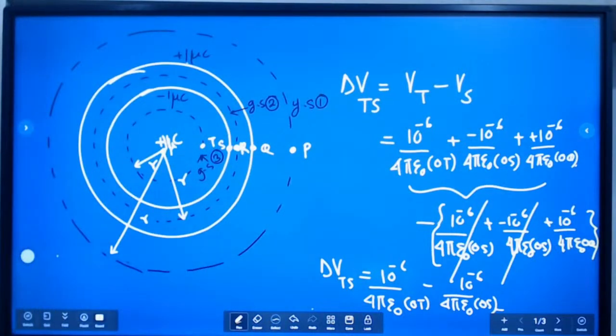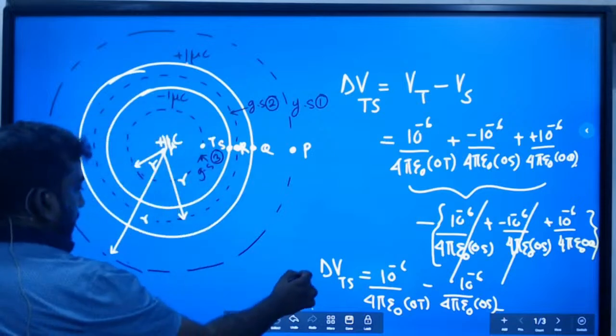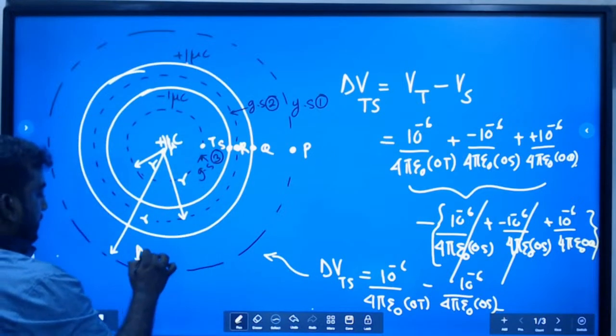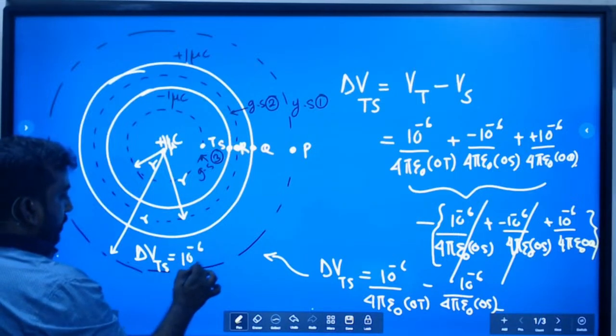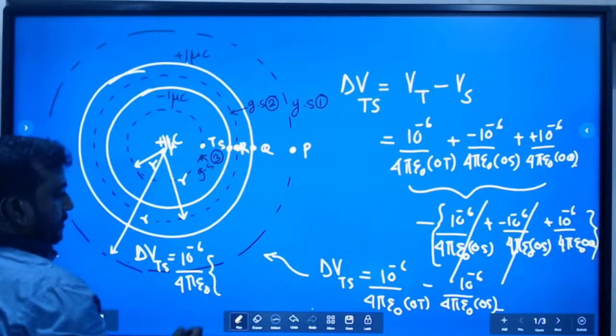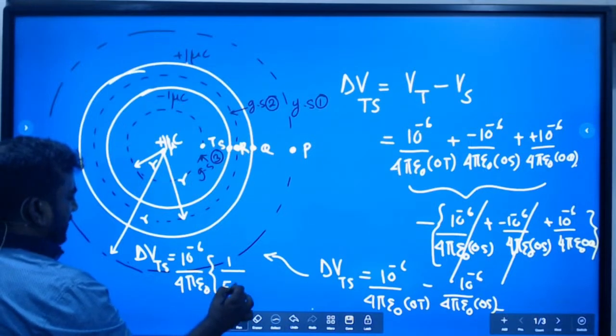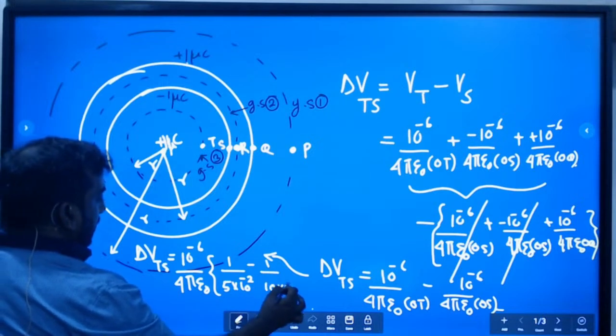The distances OT and OS are known: OT is 5 centimeters and OS is 10 centimeters. So let me find the potential difference. 10^-6 is common, 4 pi epsilon naught is common. OT is 5 centimeters, convert to meters; OS is 10 centimeters, convert to meters.